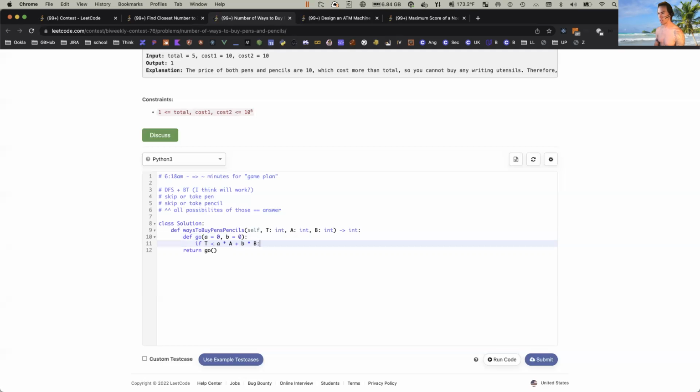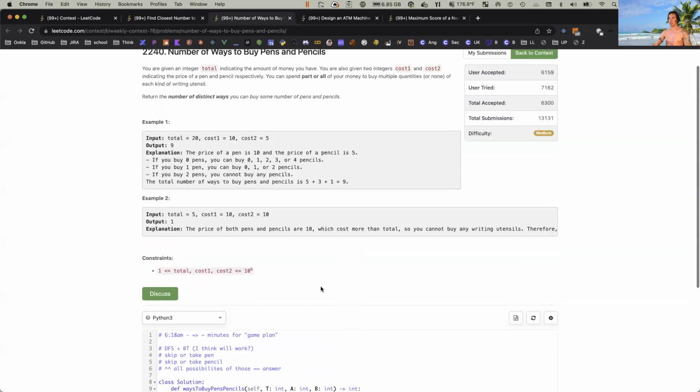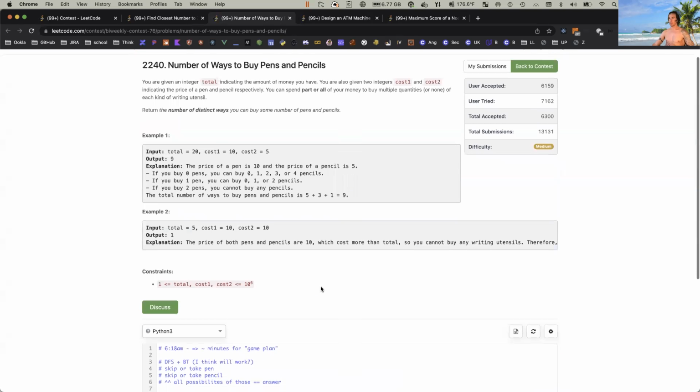If t is less than that, then that is not a way. When did this thing bottom out? When it's exceeded. So maybe recursion is not the best way to do this then.